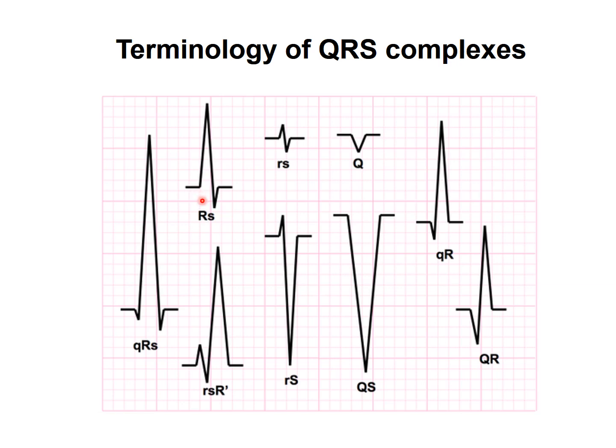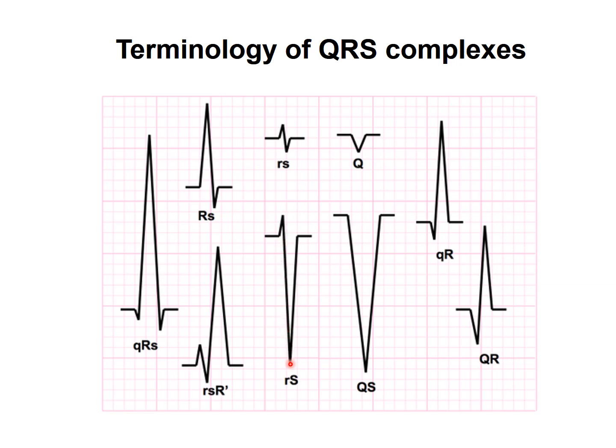So this is why this is an R, and because the next wave is negative, this is an RS complex. Here we do have again a small r, small s, and a second r, a big R wave. This is called an RSR complex. Here we have only an RS complex, and here again an RS complex.